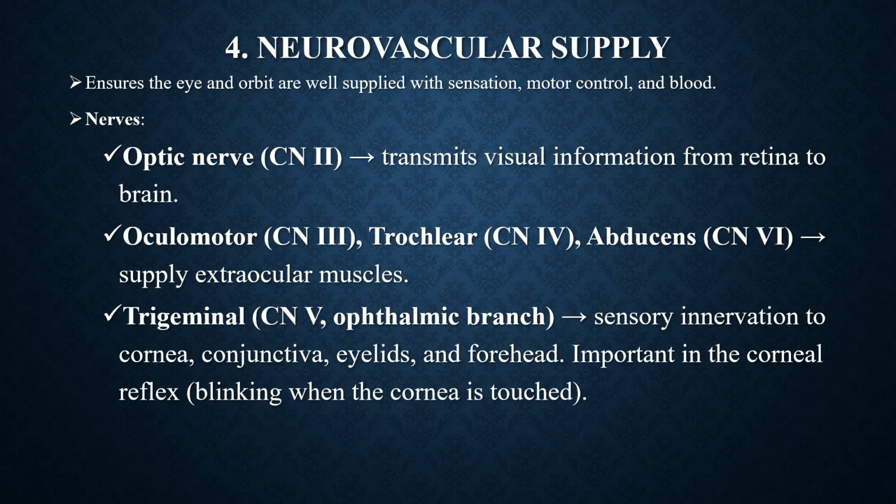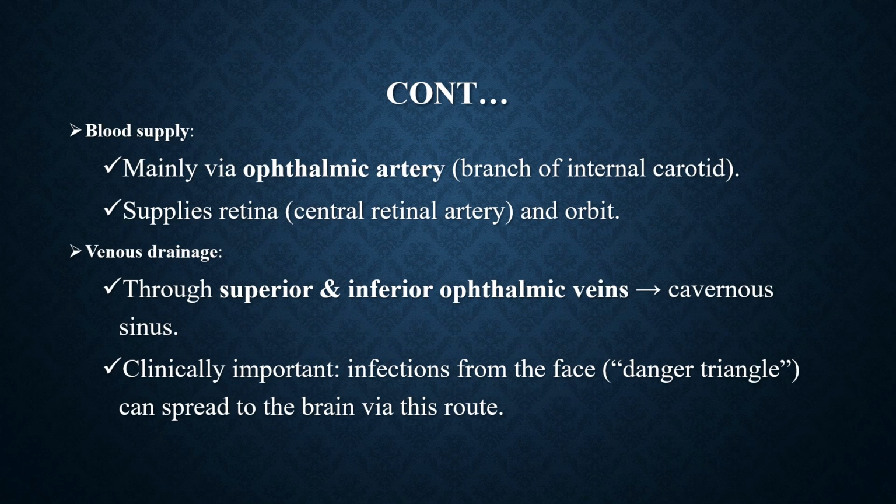Now the blood supply is via the ophthalmic artery, which is a branch of the internal carotid artery. Now the internal carotid artery at the brain forms the circle of Willis. So this is the first intracranial branch of the internal carotid, which is the ophthalmic artery.